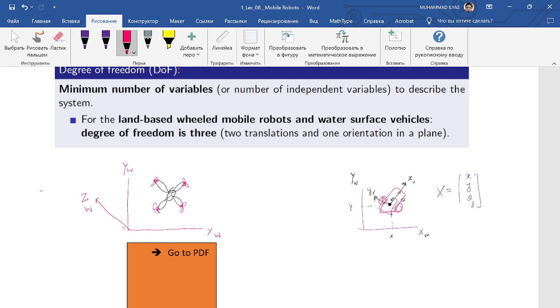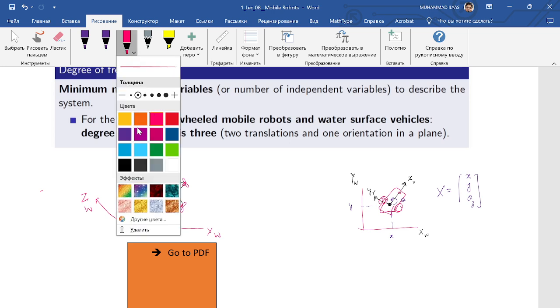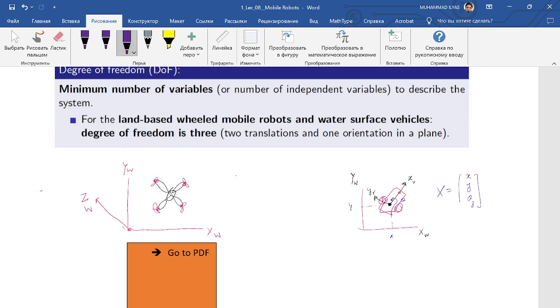So this is moving in the 3D world space, and let's say its own frame is x, y, and z. We can say xr, yr, and zr. So how many degrees of freedom does it have?